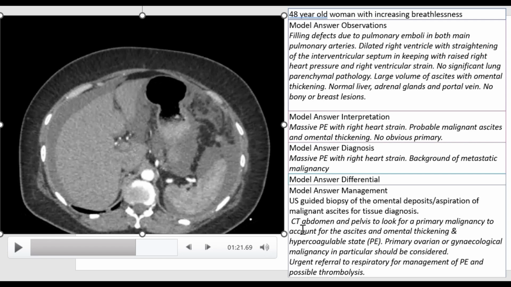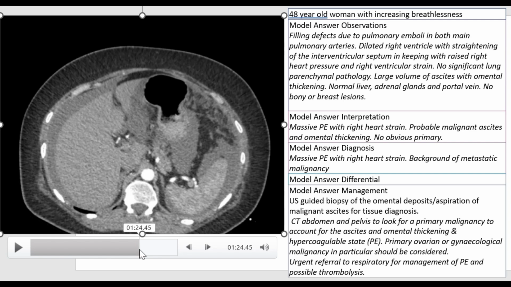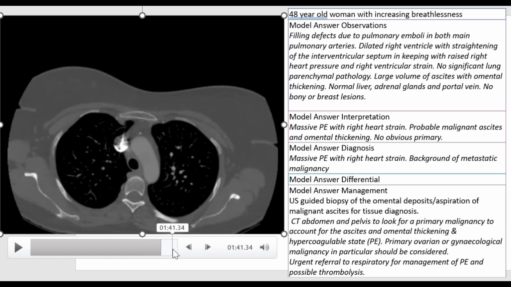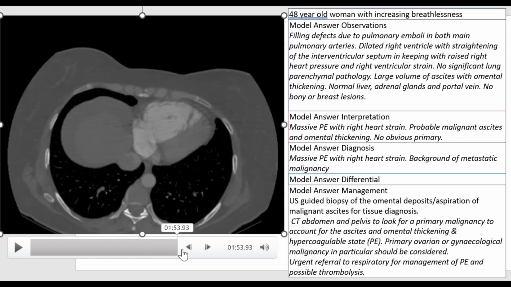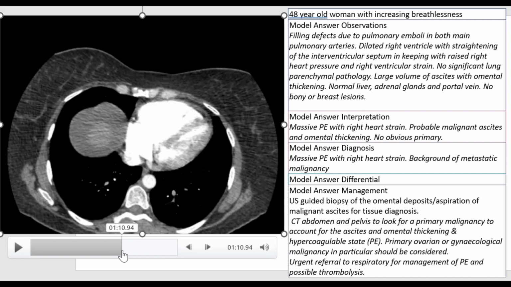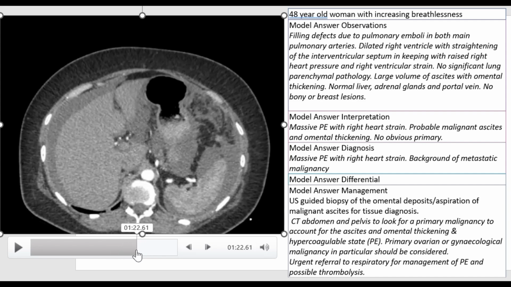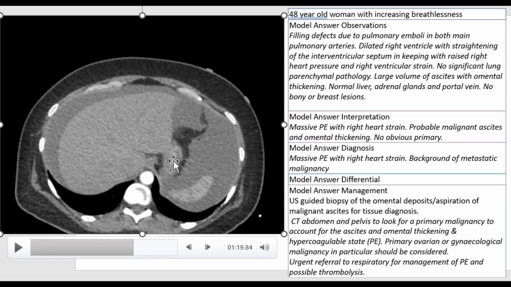This patient also needs more radiological investigations. He needs CT scan of the abdomen, because the CT scan of the abdomen here is not complete.